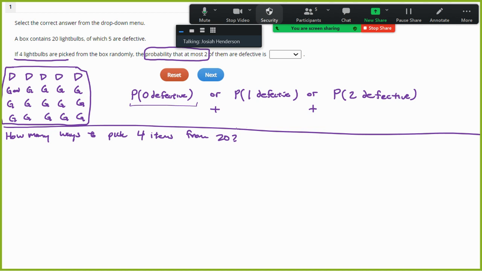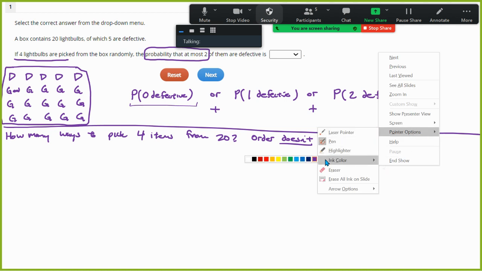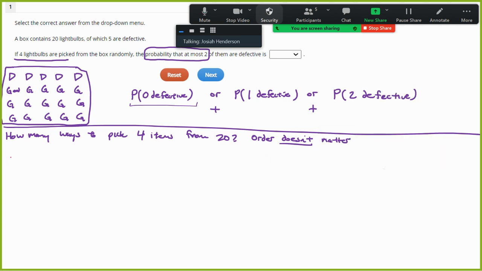It doesn't seem like it matters what the first and last light bulb is, or first and second, third and fourth light bulb is. They're just a group, so order does not matter. So we use a combination. So we're going to say 20 choose 4. And this is figuring out how many ways there are to pick 4 from the 20.